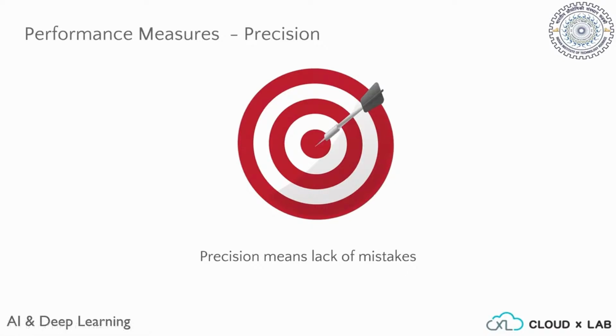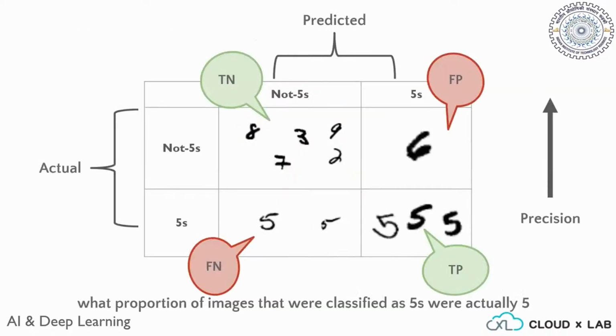Ideally model should not make any mistake, right? So what we want? We want high precision. High precision means model is not making any mistake, right? So precision means what proportion of images that were classified as not 5 were actually 5, right?